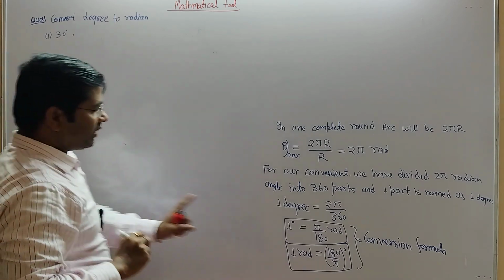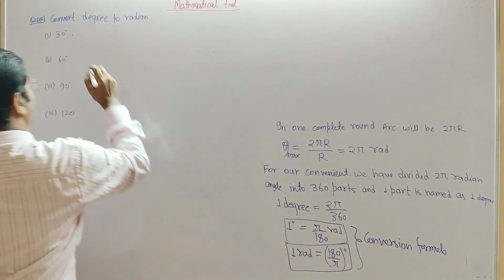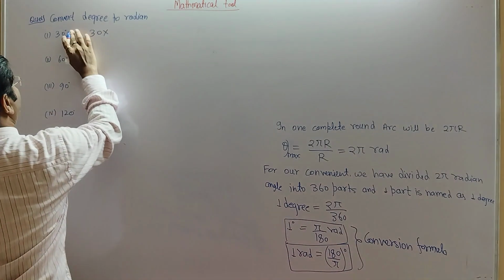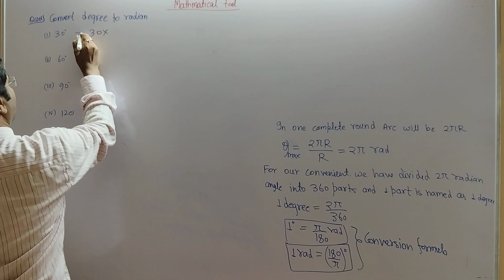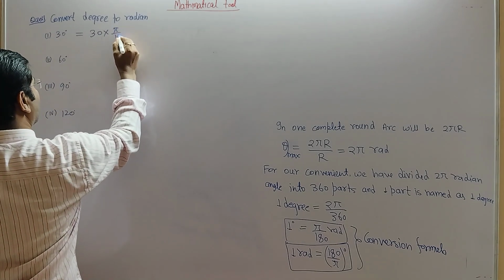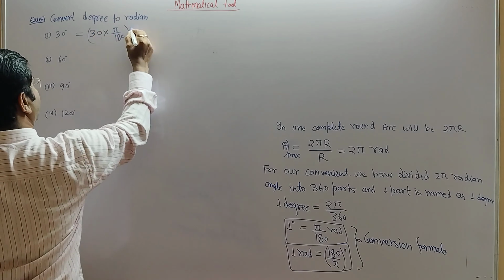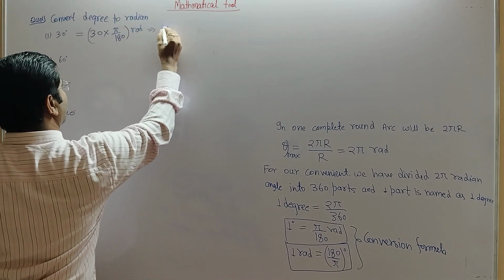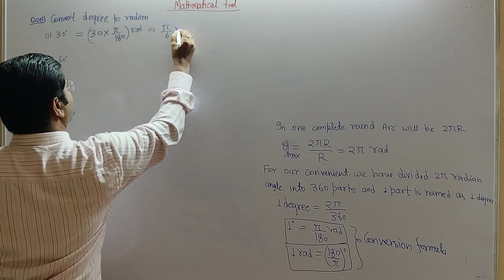We know that 1 degree equal to this much radian. So 30 degree equal to 30 into pi upon 180 radian. So this value is pi by 6 radian.